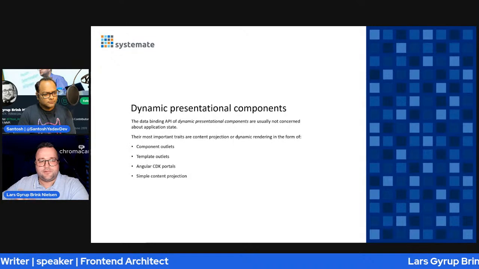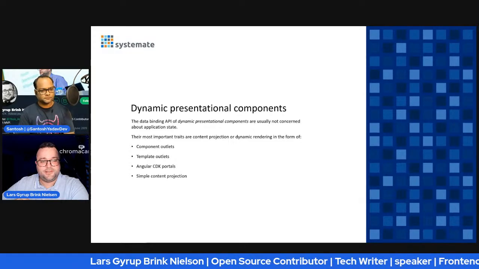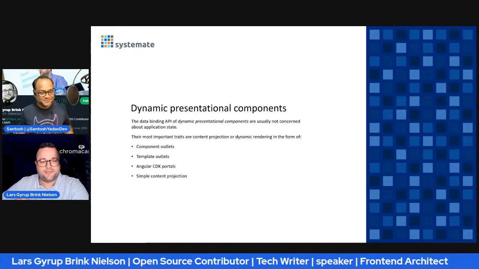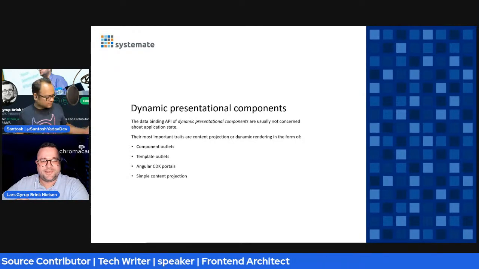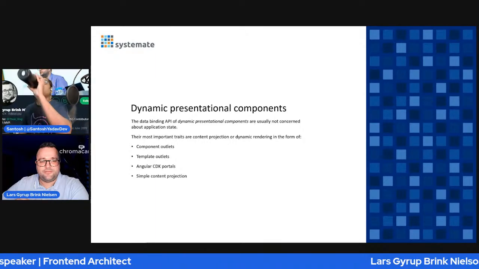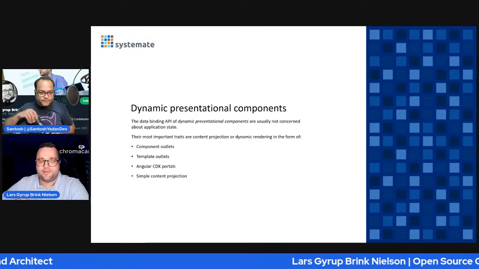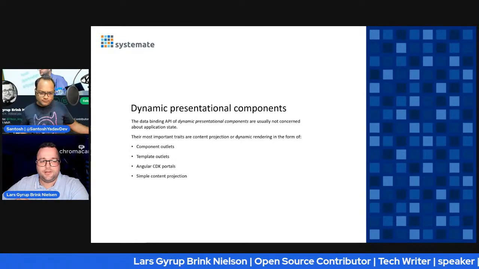The other type of presentational components is a dynamic presentation component. Well, there's even three types, generally three types of presentation components. This is the second one, dynamic presentational components. So the data binding APIs of dynamic presentation components are usually not concerned about the application state.